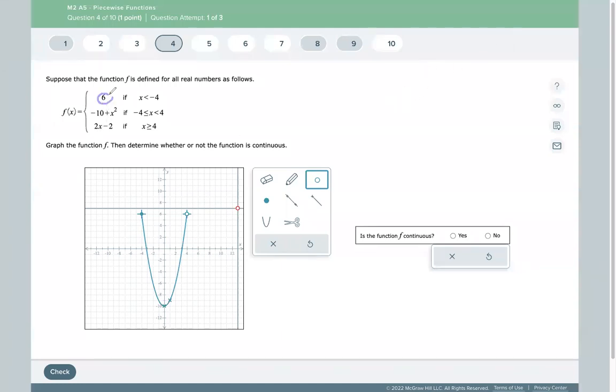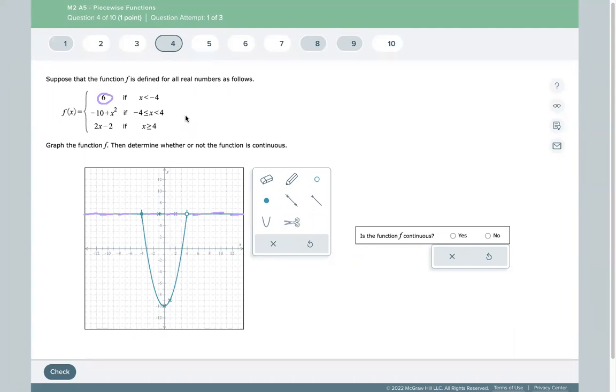Then we need to consider the constant function, 6. That function is a horizontal line going from side to side at 6. With that in mind, we could sketch the whole line. One way of doing this would be to select any 2 points and sketch the line.